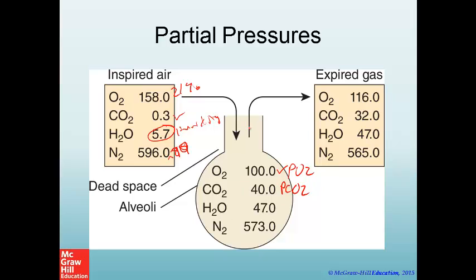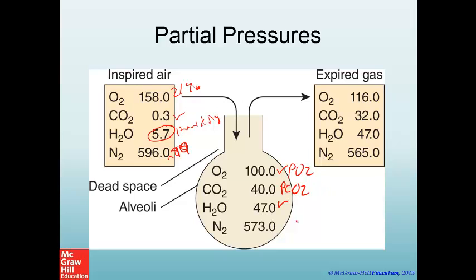It just keeps the conducting zone inflated. And so that dead air accumulates CO2. So by the time the air gets down, it has accumulated some CO2 from air that's already in the lungs.